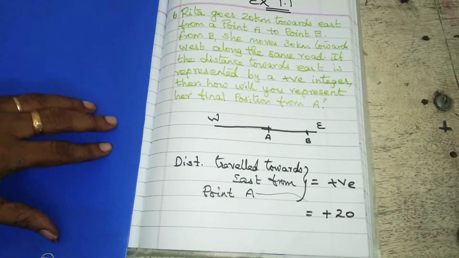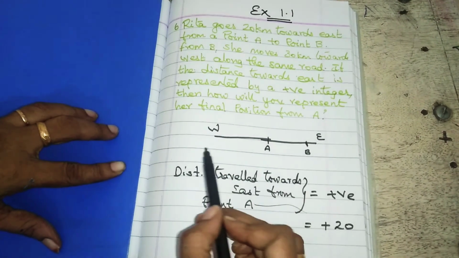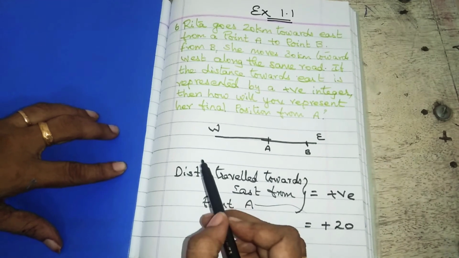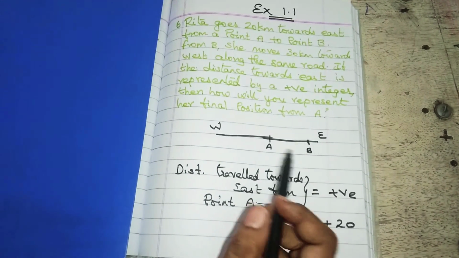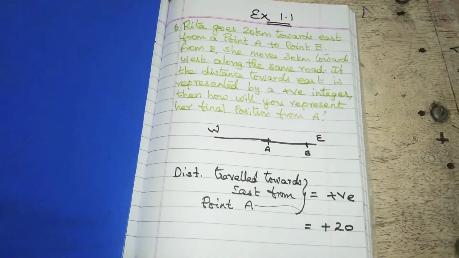Okay. Now from B again she is starting to move towards the west, 30 kilometers she is moving. So what is told? West direction is being denoted by a negative integer.